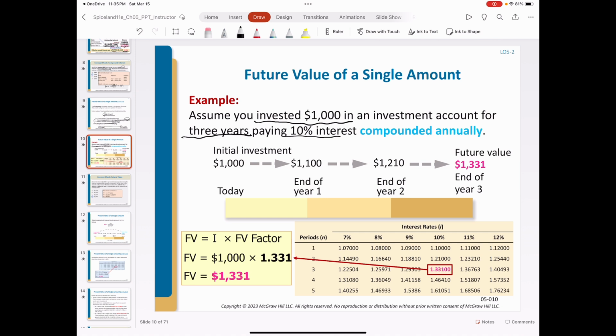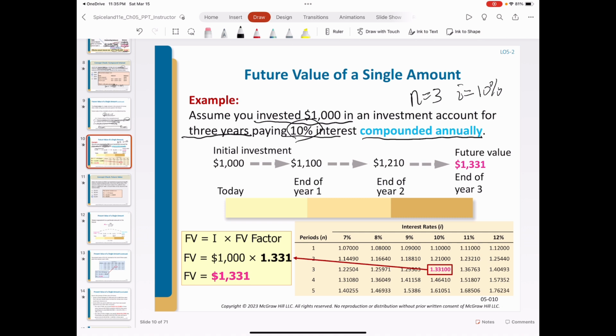The number of periods relies on the frequency of the compounding. We're given that the interest was compounded annually. So here, the number of periods is 3. Each period represents 1 year, and interest per period is 10%. The interest rate you're given is the annual interest rate.